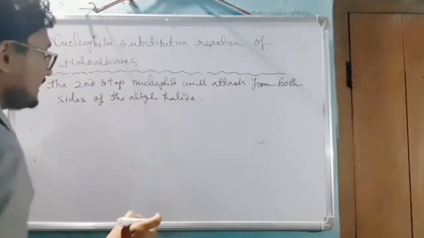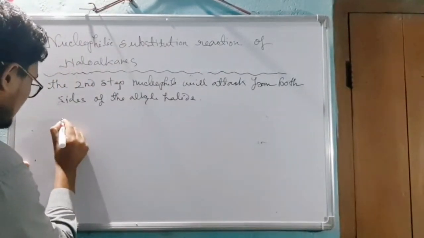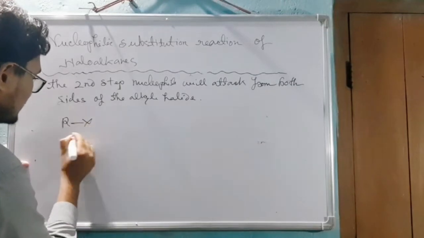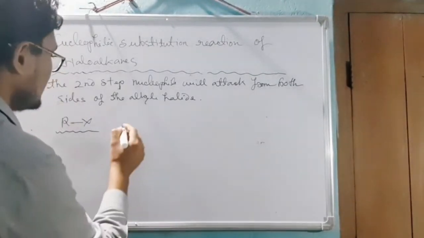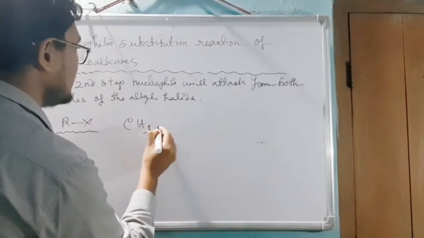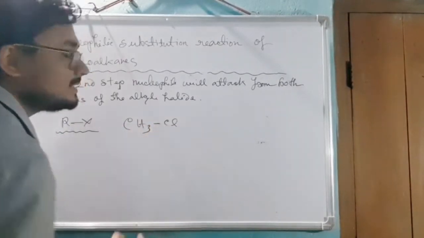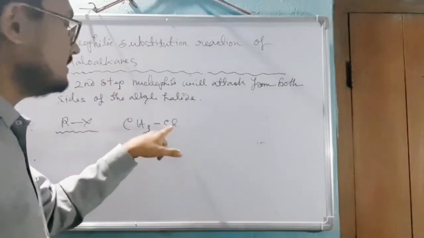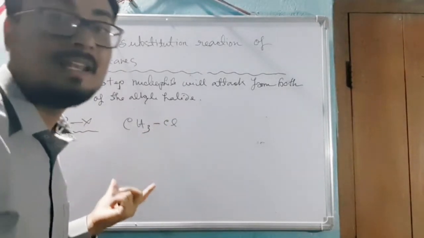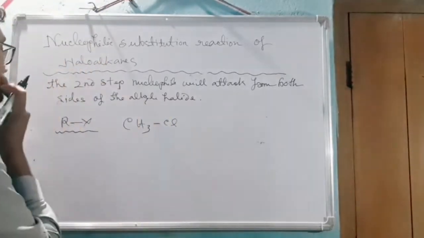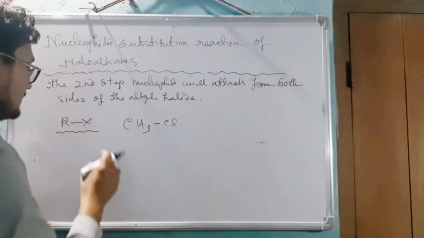Alkyl halide, RX. This is the general formula RX. For example, CH3Cl. This is an alkyl halide. This is a halogen and this is methyl. The meaning of alkyl halide.